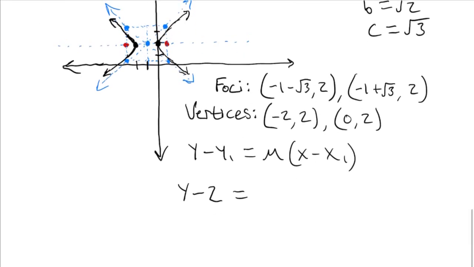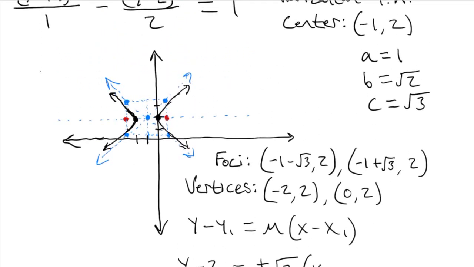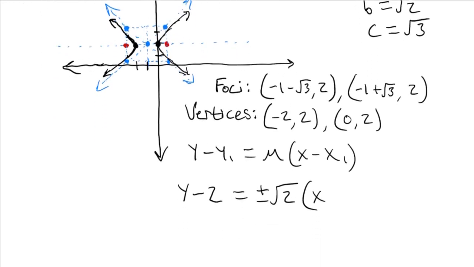So root 2 over 1, so plus or minus root 2 times x. What is the x coordinate of our center? -1. So minus -1. And again, you could do two separate expansions of these depending on what your instructor expects. I'm going to leave it at this for this video.